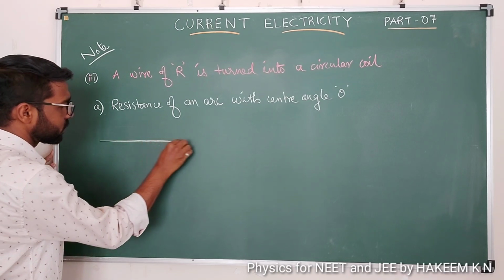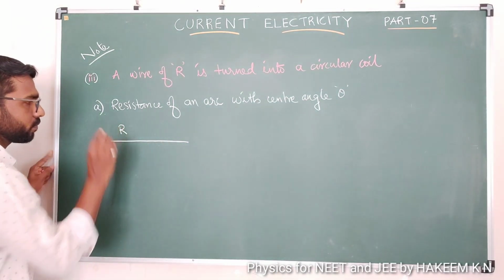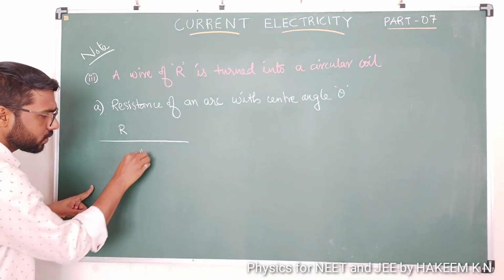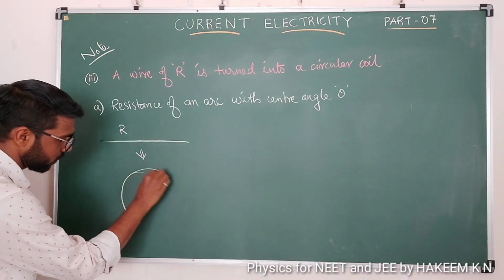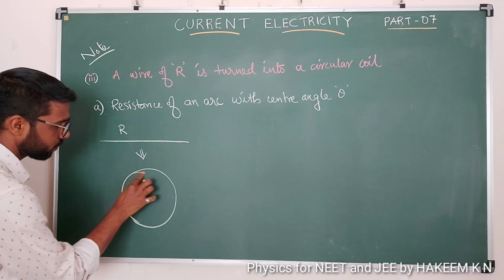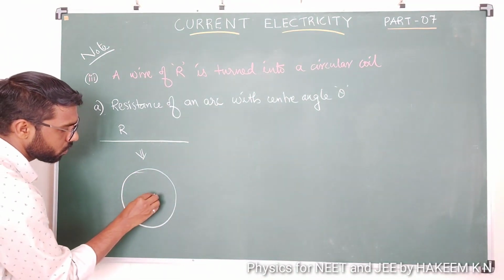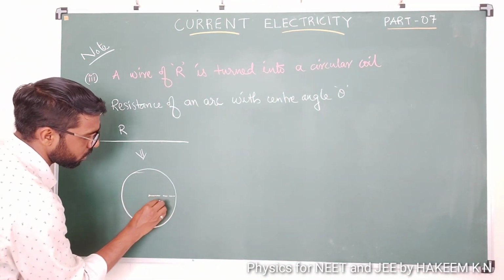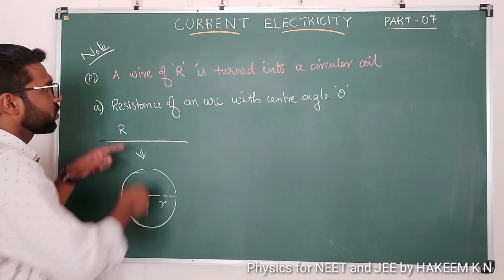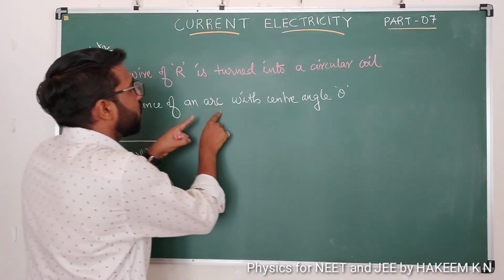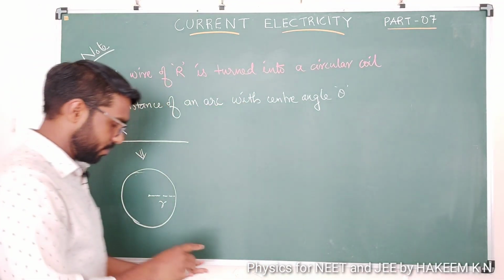We have a wire of resistance capital R. This is turned into a circular coil, whose radius is small r. And we have to find the resistance of an arc with a center angle theta.